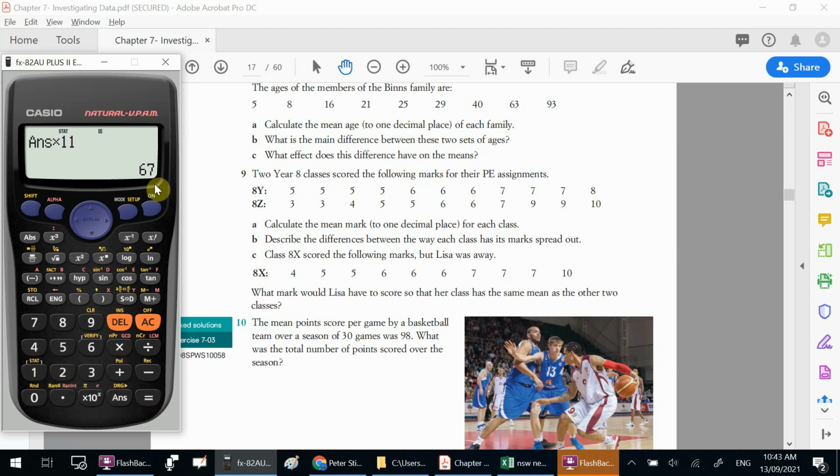There we are. So if we added up the scores of 8Y, they would have come up to 67, and the same for 8Z. So for the mean to be the same, the total of these scores, including Lisa's, would also have to be 67. So it would be the difference between what it is now and 67.